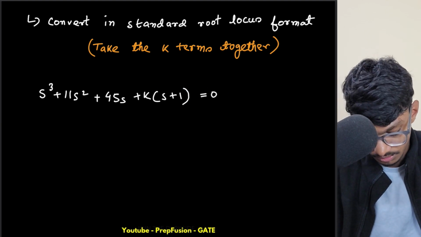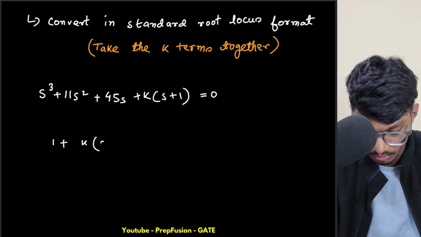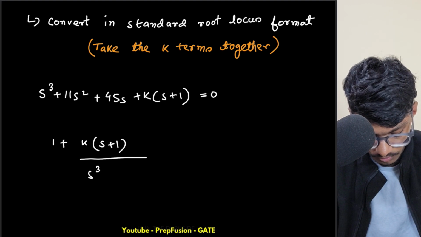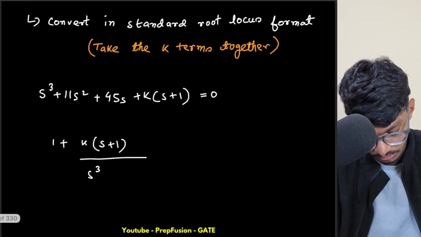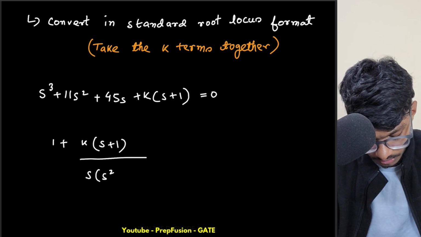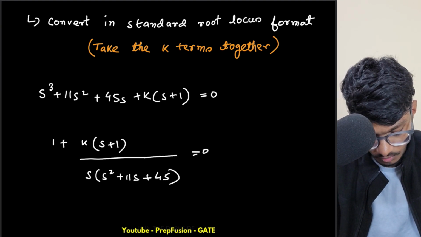So this becomes 1 plus k. Now I can convert this into standard format. s cube, s I can take common here, s square plus 11s plus 45 equals 0.